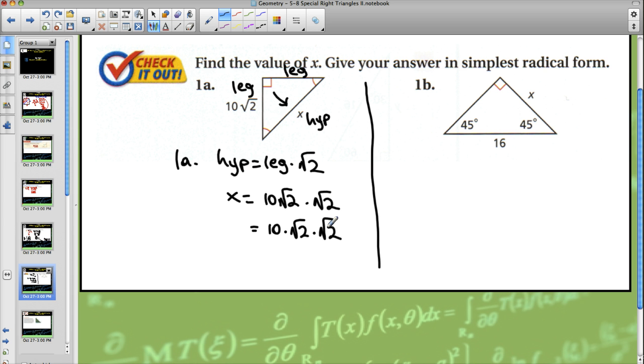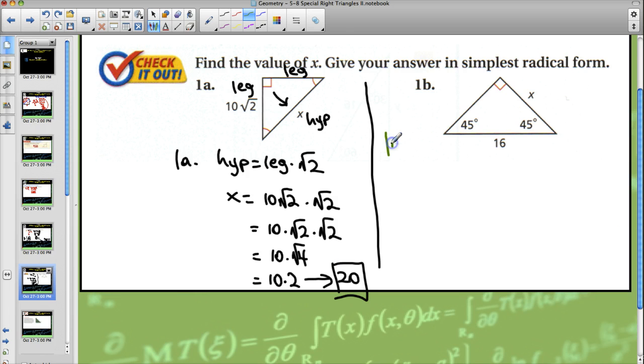If I ignore the 10 for now, that gives me the square root of 4, since the square root of 2 times the square root of 2 is the square root of 4. The square root of 4 is the whole number 2. So 10 times 2 is equal to 20. So my answer for x in simplest radical form is x equals 20.